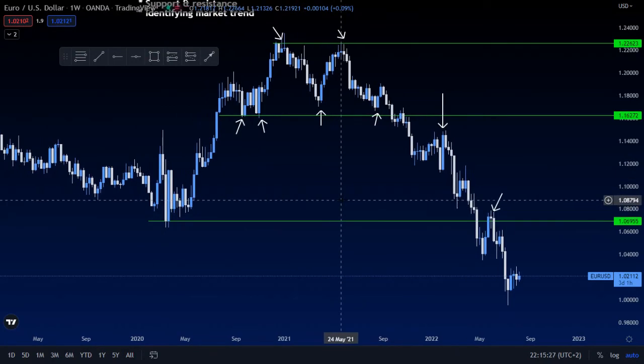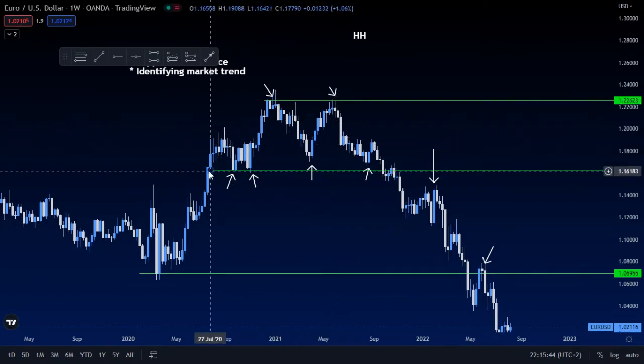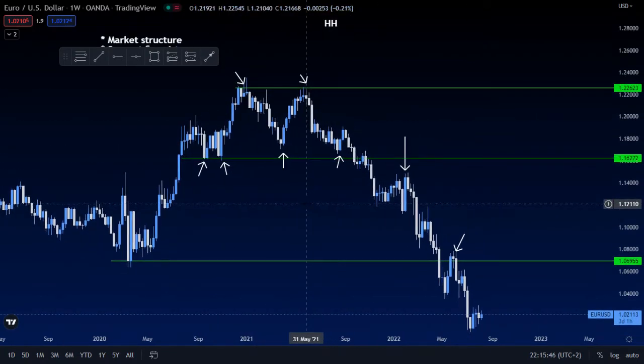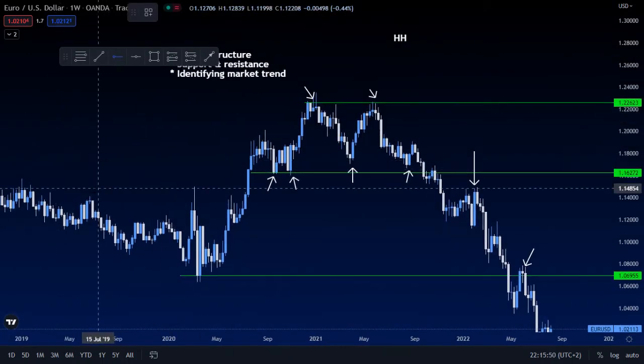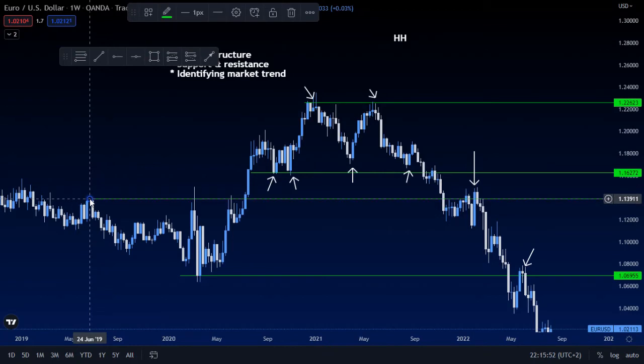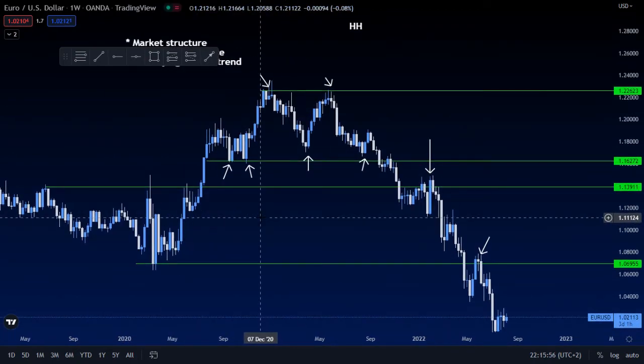Now that we understand how to identify market structure and how to identify support and resistance, we can use different tools to help us with certain trades that we're looking to take. So if you look at this current market structure over here, we can draw a series of supports and resistances in order to help us identify what is the current market structure that we're in.